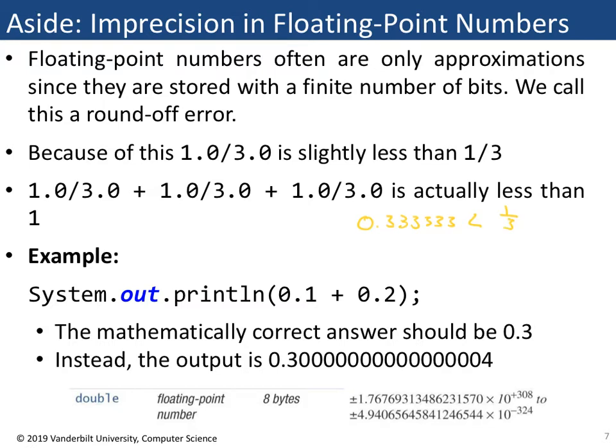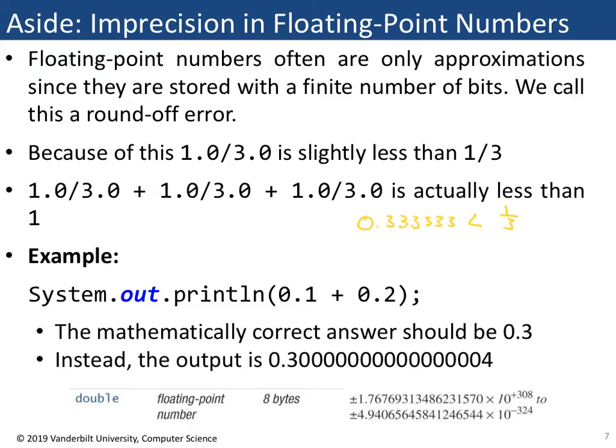So for this reason, if we sum 1 divided by 3 plus 1 divided by 3 plus 1 divided by 3, where each of these are doubles, then the result is actually going to be slightly less than 1, for the very reason that each of the values which was returned from dividing 1 by 3 is going to be a truncated representation of 1 divided by 3, which is actually slightly less than 1/3. So when you add them together, you get something that is slightly less than 1.